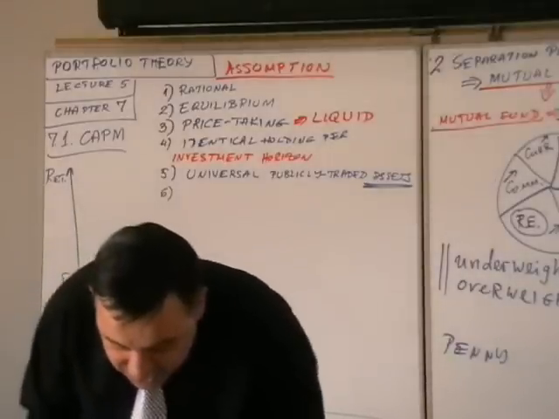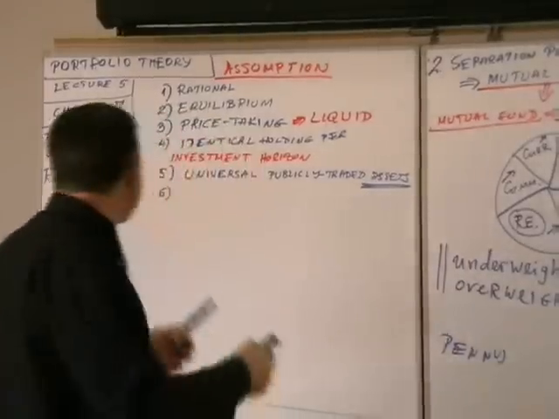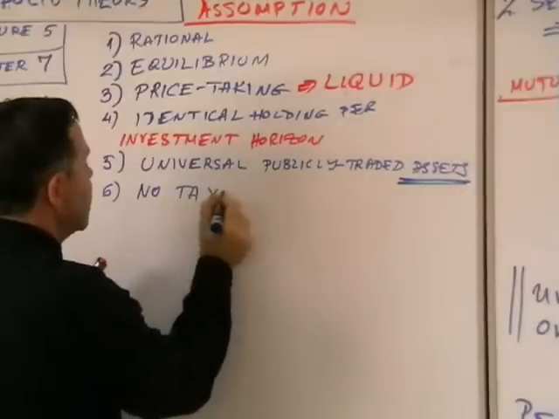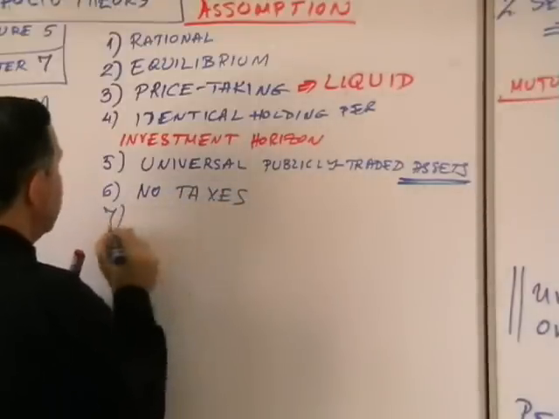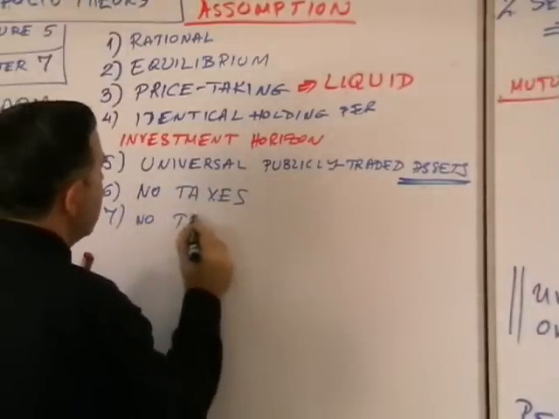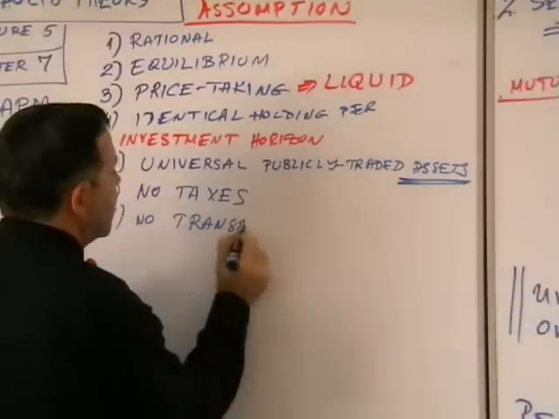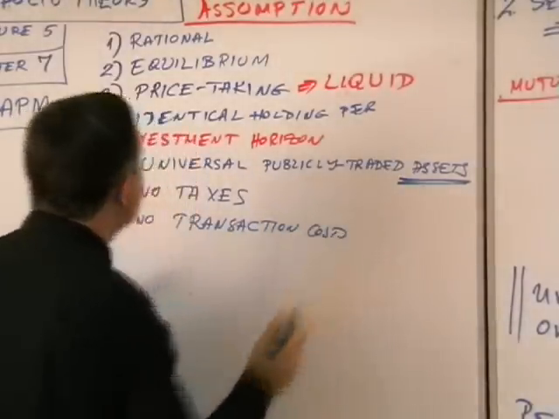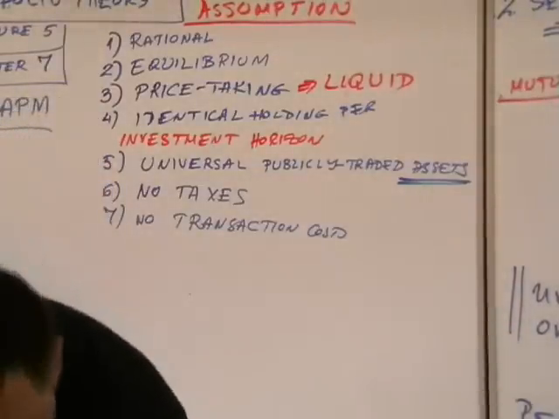Investors pay neither taxes nor transaction costs. So, no taxes. No transaction costs. So these are all assumptions. What else?